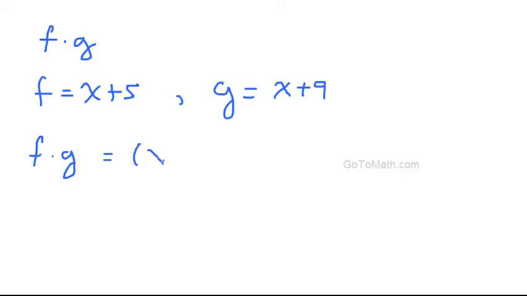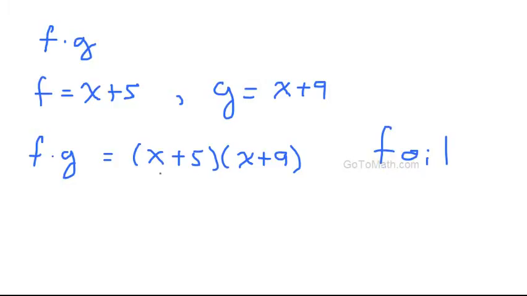Alright, so I'm going to put parentheses around both of these. Now, FOIL helps us to remember how to multiply this out.